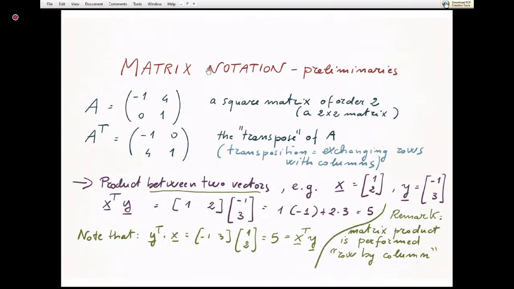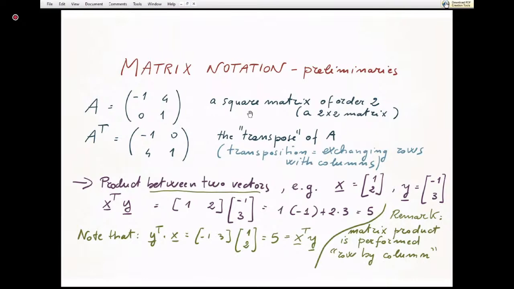Okay, so what is a matrix? A matrix, like for instance our object capital A, is an array of numbers with a certain number of rows. In this case we have two rows and a certain number of columns, okay?